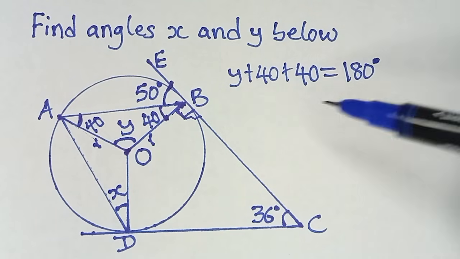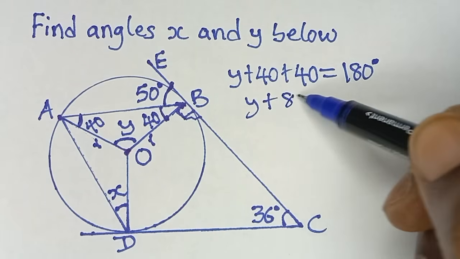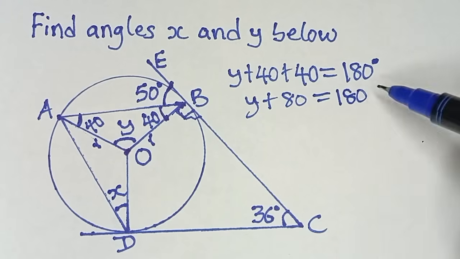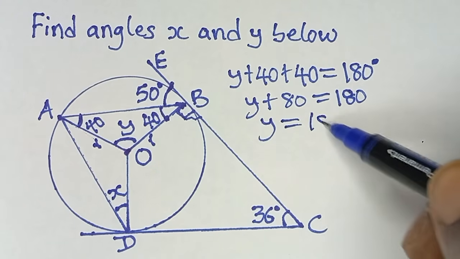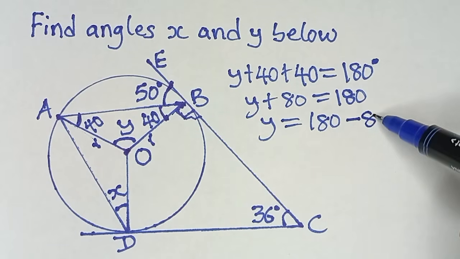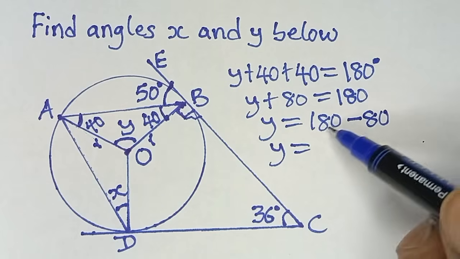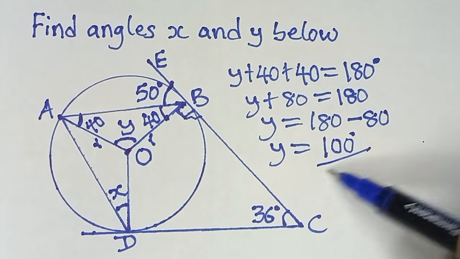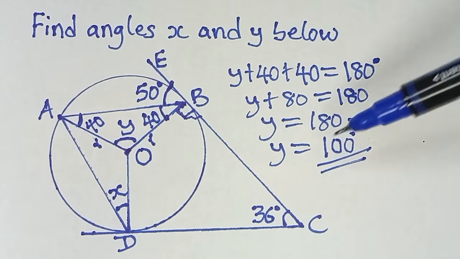So from there we can find the value of Y. So Y plus 80, 40 plus 40 is 80, is equal to 180 degrees. So Y will be equal to 180. When this 80 comes to this side, it becomes minus 80. So 180 minus 80 will give us 100 degrees.